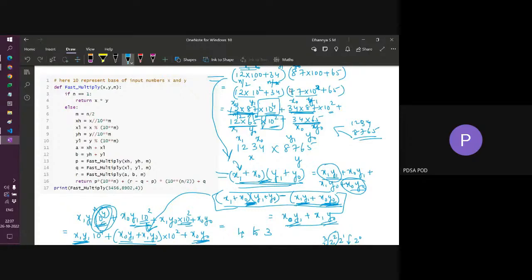This seems totally unrelated until you see that, okay, this term can be replaced using this term, which will reduce the number of multiplications from this to this. So where is the divide and conquer coming? You're actually dividing into 4 subproblems. You reduce the number of subproblems and thereby you reduce the complexity using a clever method.